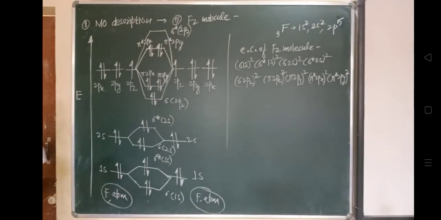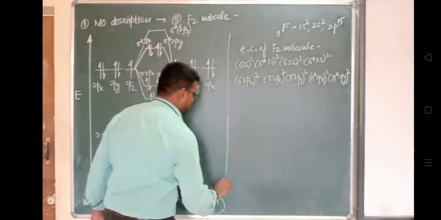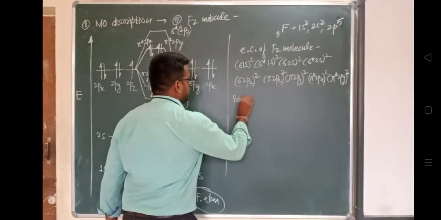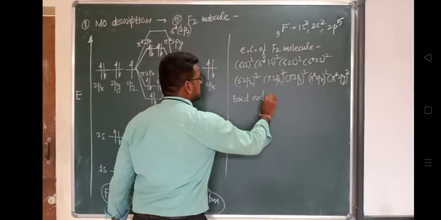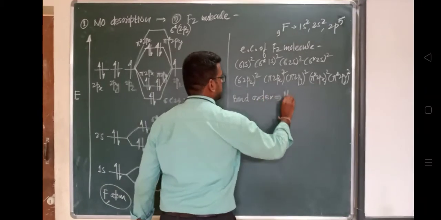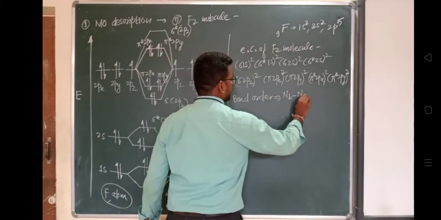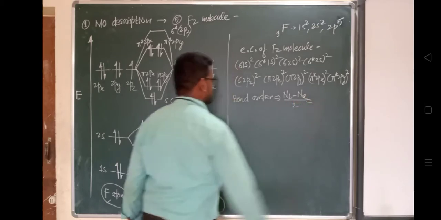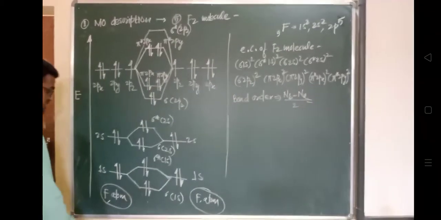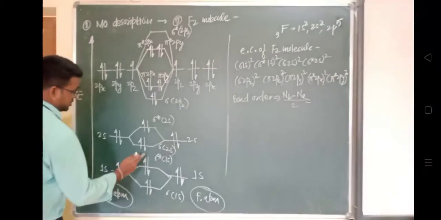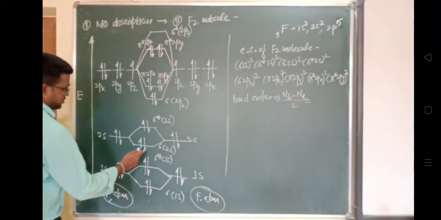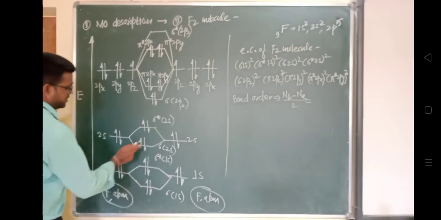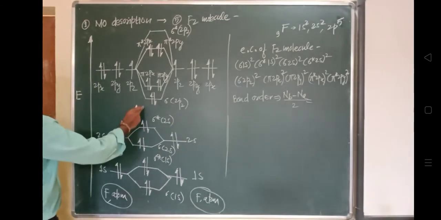So now if we find the bond order, because the bond order tells us the formation of how many covalent bonds between these two atoms: bonding minus anti-bonding electrons, divided by 2. See how many bonding electrons are present: 1, 2 for 1s, 3, 4, then 1, 2, 3, 4, 5, 6, 7, 8, 9, 10.